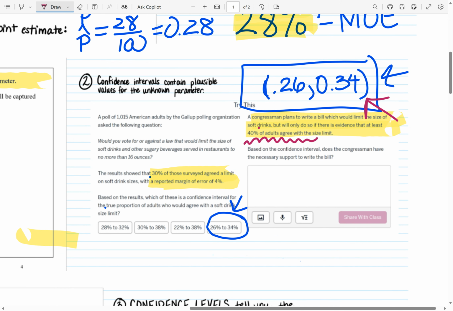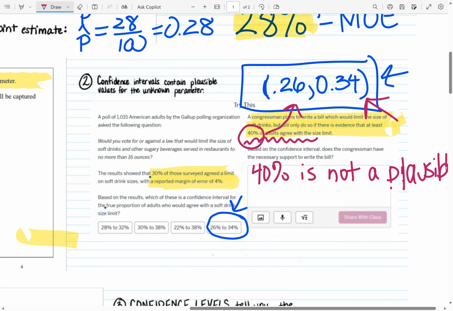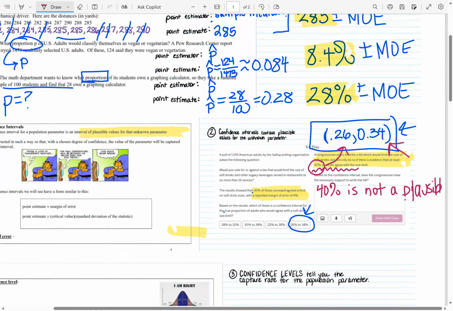So since 40% is not in that interval, we're going to say no, because 40% is not a plausible or likely value for the true population proportion.